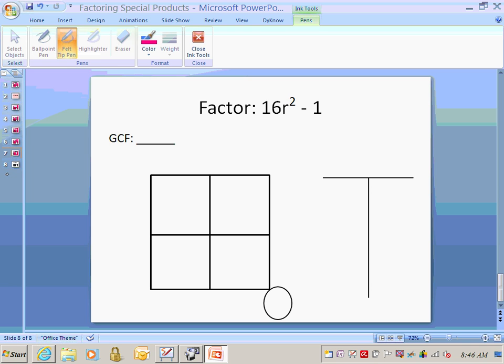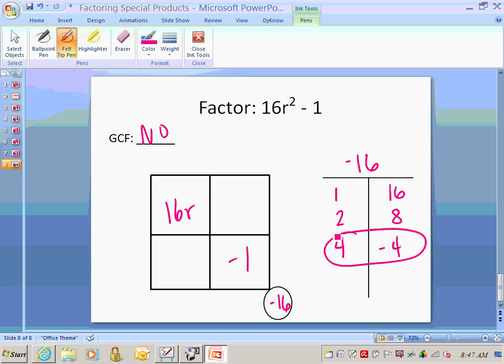Okay, last one. Okay, what was the GCF? No. So I've got 16r squared, negative 1. What goes in the box? Negative 16. So negative 16 is 1 and 16, 4 and 4. So 4 and negative 4 add to 0, right?